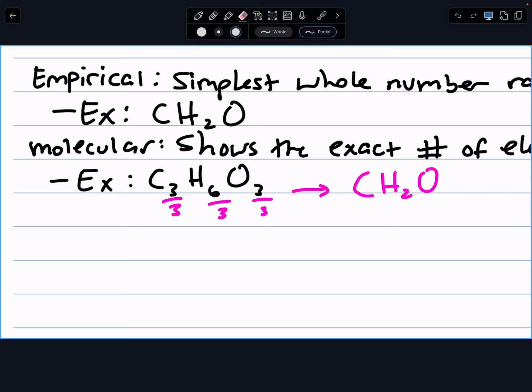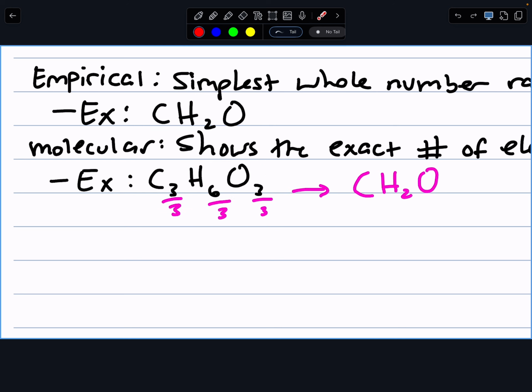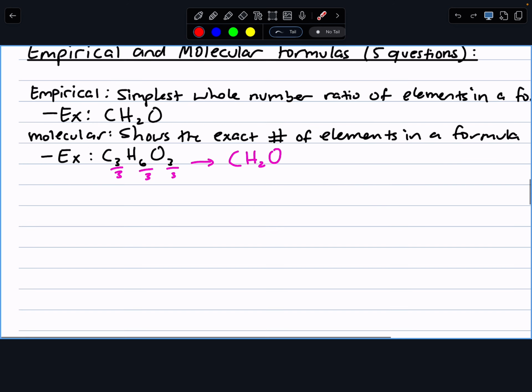Okay. In these types of questions, you are going to be asked to calculate either that one or that one. So first, you need to understand one very important thing. You cannot find the molecular formula unless you have the empirical. Okay, so let me just write that.